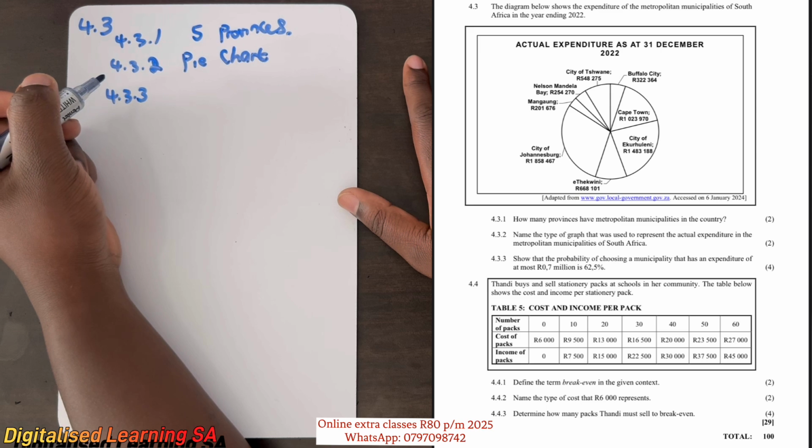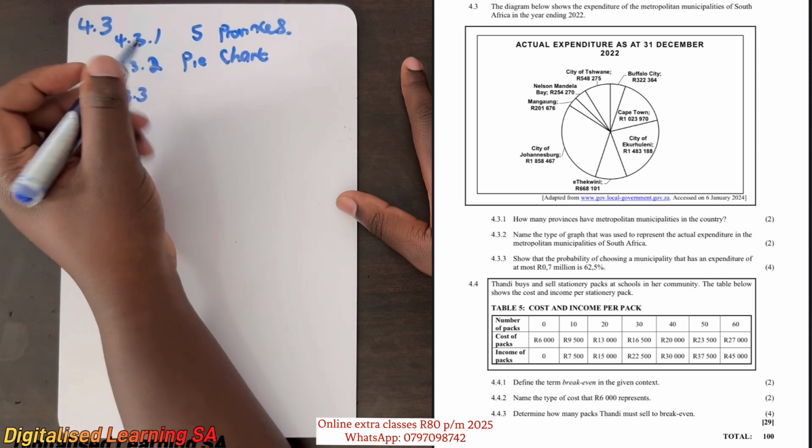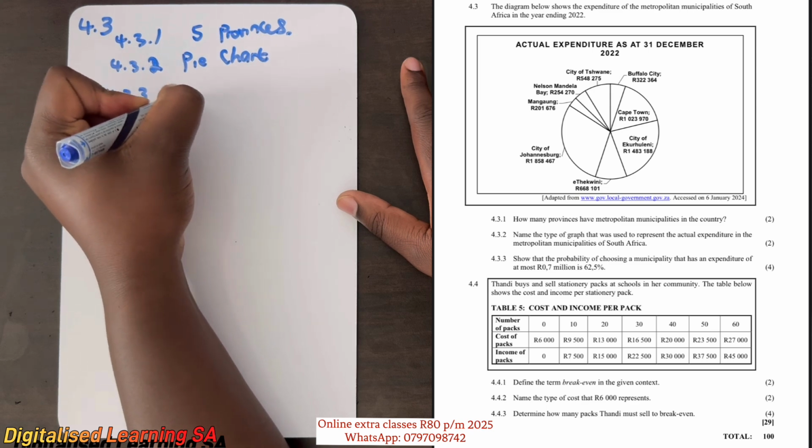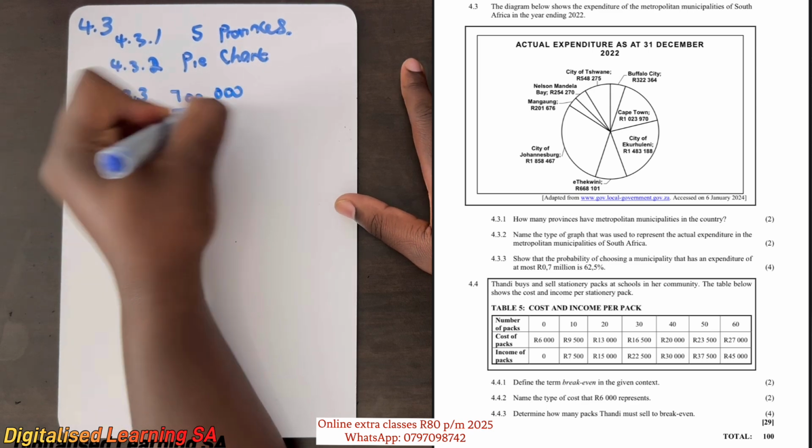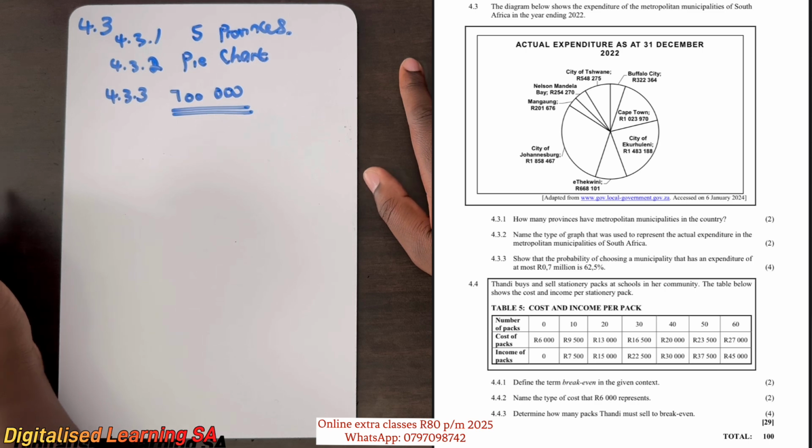So now let's move to question 4.3.3. Question 4.3.3 says, show that the probability of choosing a municipality that has an expenditure of at most 0.7 million is 62.5. 0.7 million is equal to 700,000.